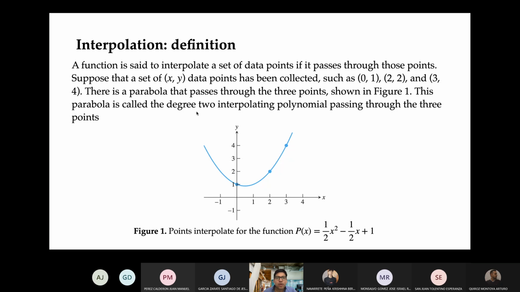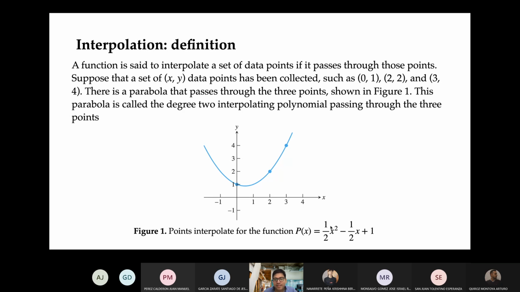This parabola is called the degree 2 interpolating polynomial. So you see that you have a polynomial here that is degree 2 and passes through these points. So we have 3 points, but this is not a third order polynomial. This is a degree 2 polynomial.